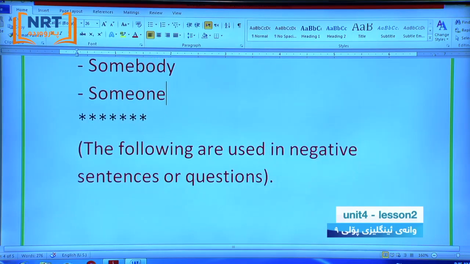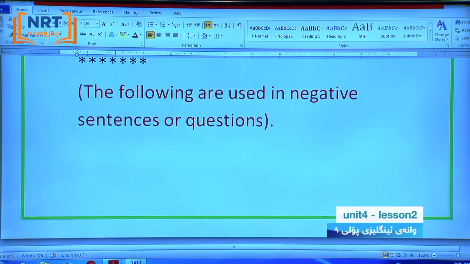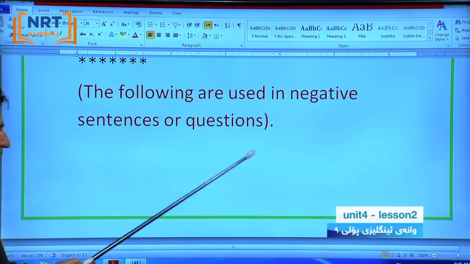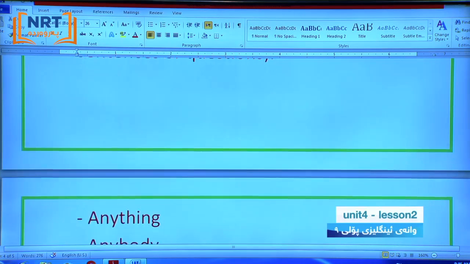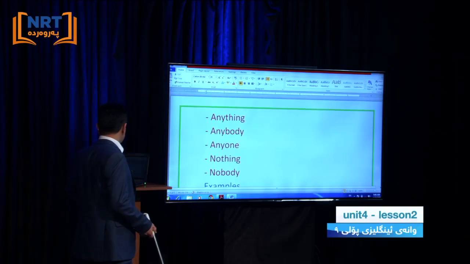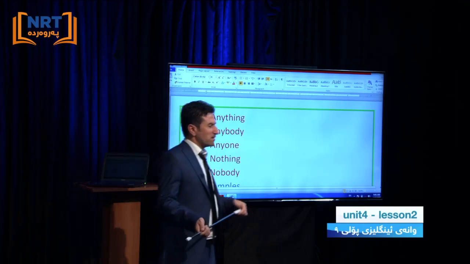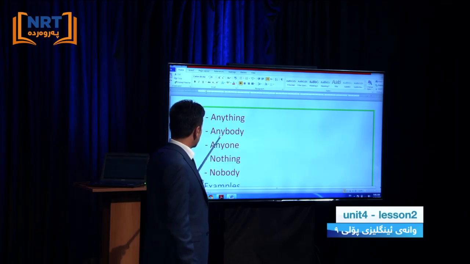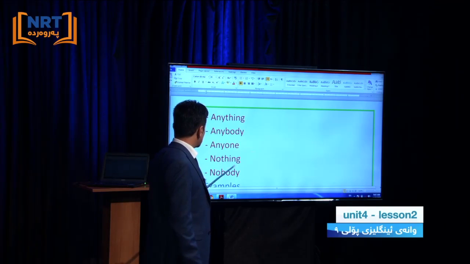Here we have another group of the indefinite pronouns. The following are used in negative sentences or questions. We are going to talk about them one by one, and we use them in negative sentences and in questions. Anything, anybody, anyone, nothing, nobody.